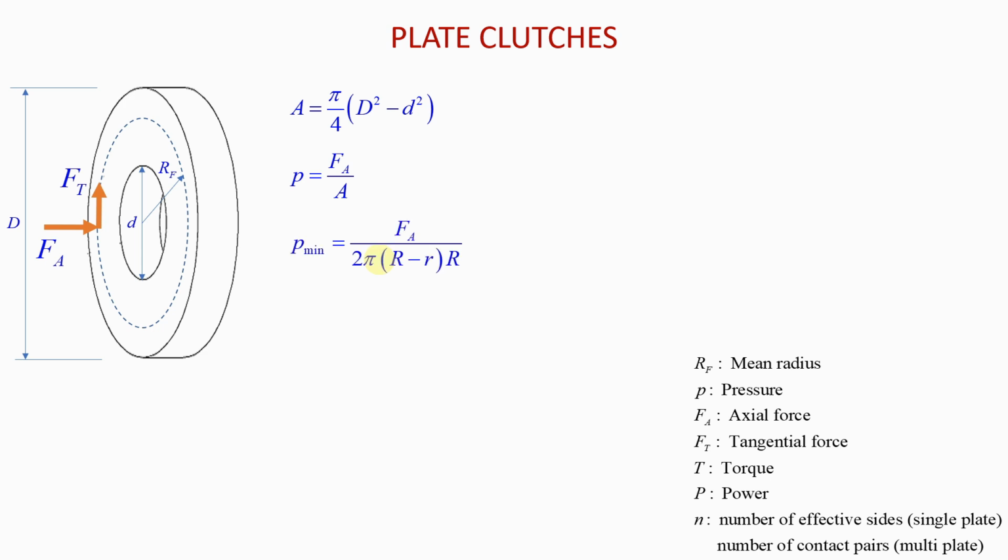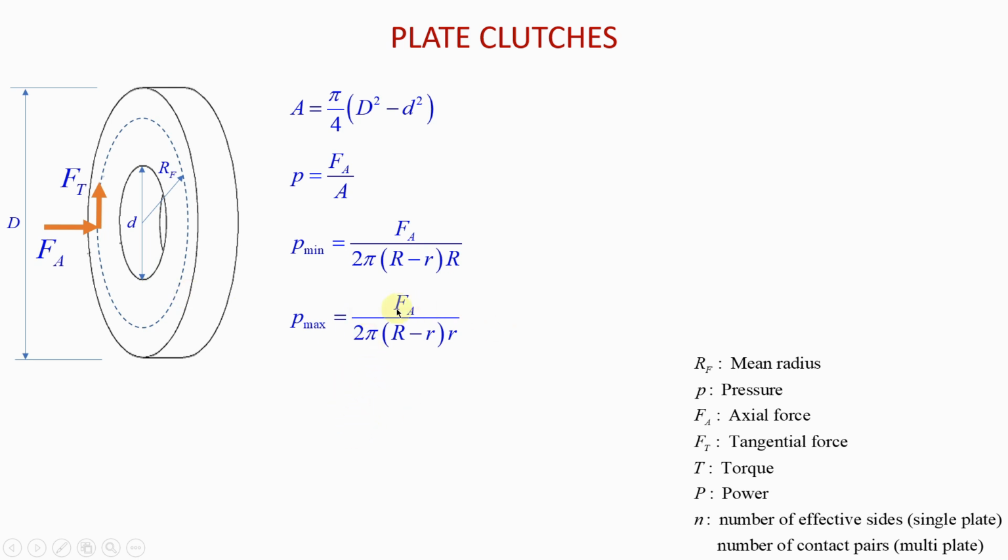But you also have the minimum pressure. This minimum pressure is given by this equation here. Generally the minimum pressure will occur on the outer radius of the clutch, okay? That is where you will have the minimum pressure. And you also have an equation for the maximum pressure on the surface of the clutch, and that one will generally occur on the inner radius, here.